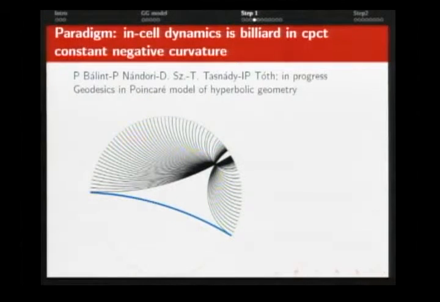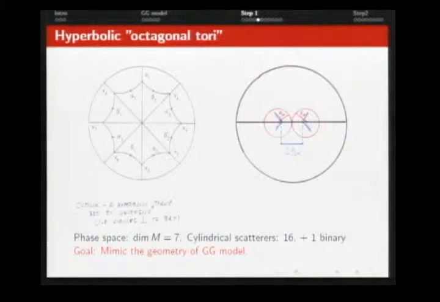So this is the Poincaré disk of hyperbolic geometry, and in this geometry you also have a hyperbolic torus. For example, this octagon would be one hyperbolic torus. So you put two pieces, this would be one and this is the other one. Of course, these are octagons. I cannot draw such small octagons, unfortunately.